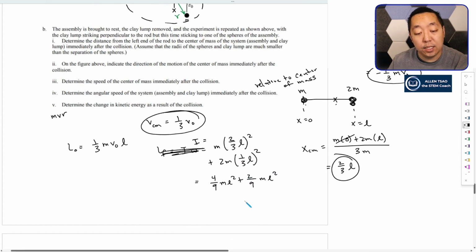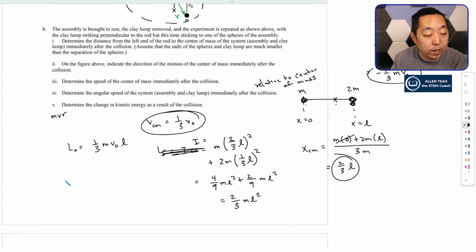That's 6/9 ml squared, which is 2/3 ml squared.